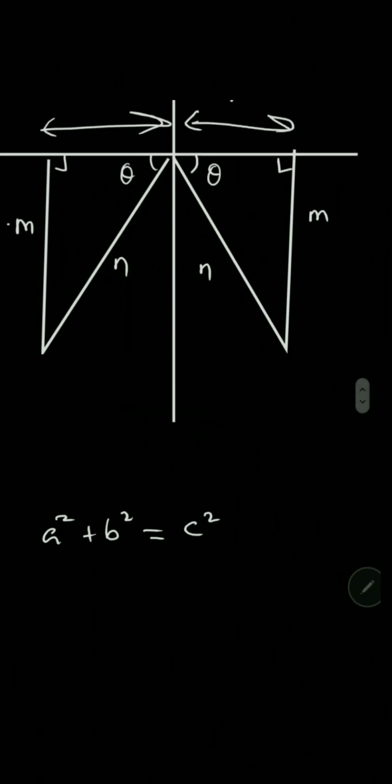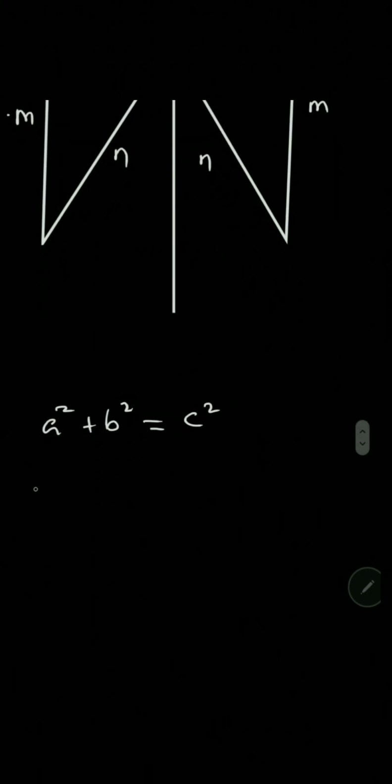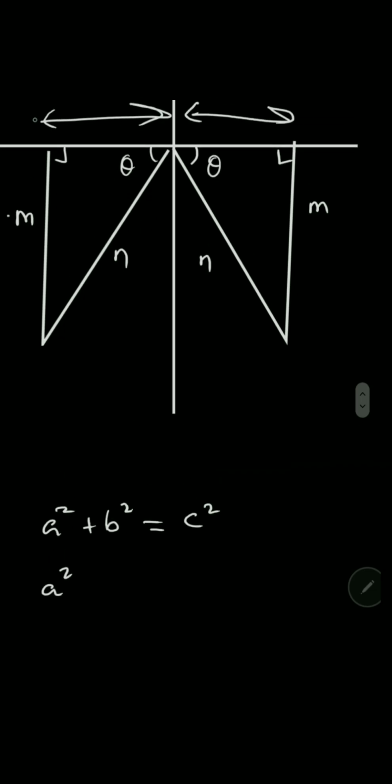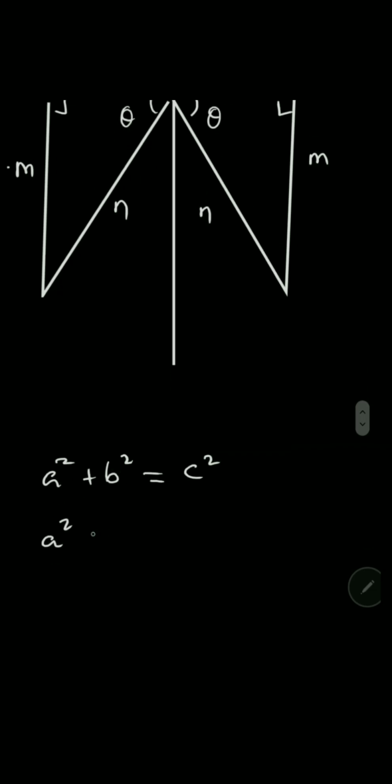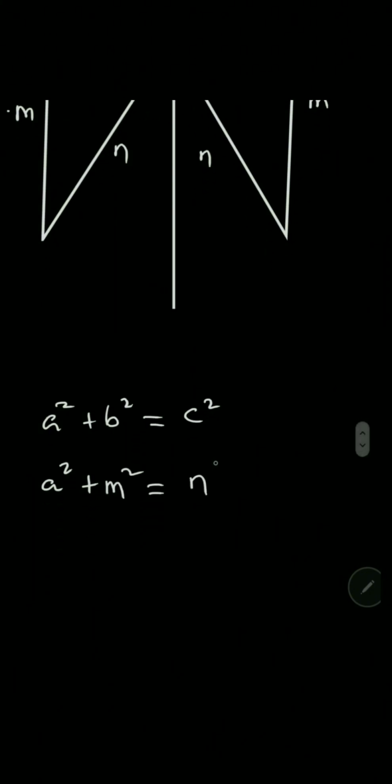Okay, so to do this, we're going to use the concept of the Pythagoras theorem, which we simply have as a squared plus b squared is equal to c squared. Okay, so we will let a be the adjacent, b the opposite, c the hypotenuse. So we don't know what a is, so we just write it where it is. Then plus our b, which is the opposite, is m, and since it is b squared, we're going to have m squared equals c squared, to give us n squared.